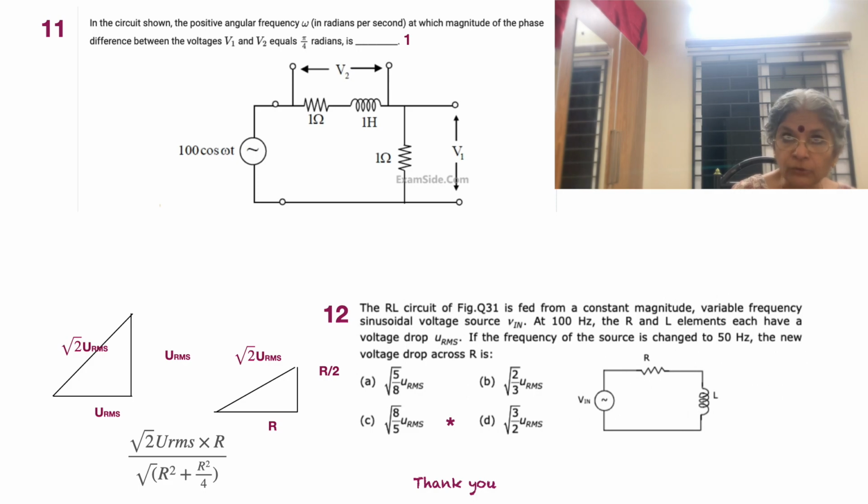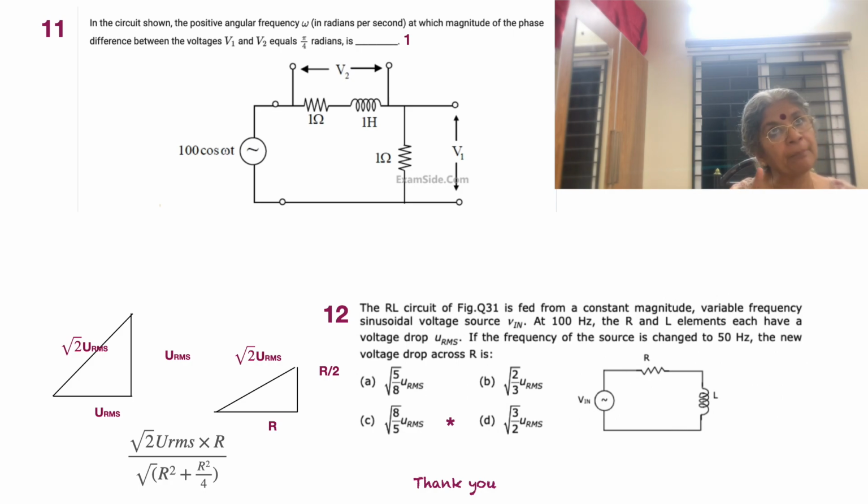The voltage across R will be the total voltage divided by the total impedance, multiplied by R. The total voltage is root 2 V RMS, which has not changed, divided by the total impedance, which is the square root of R squared plus R by 2 whole squared, which is 5 by 4 R squared. If you take out R from outside, it becomes root 5 by 4.